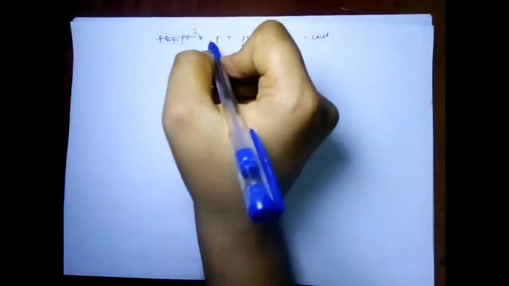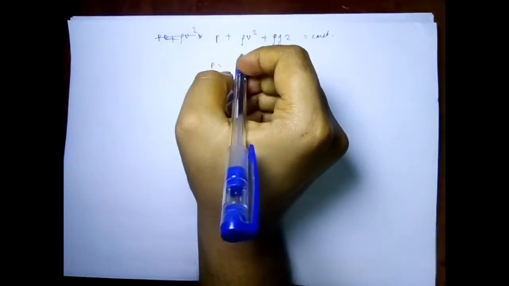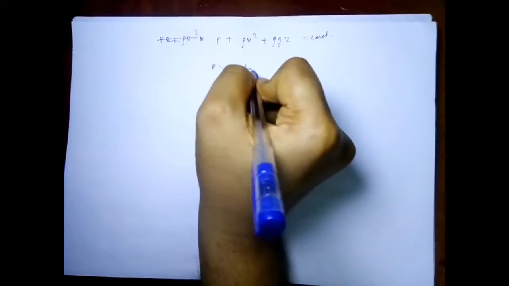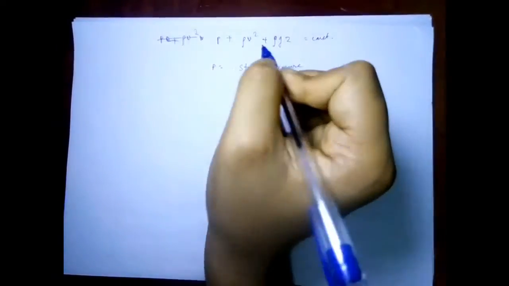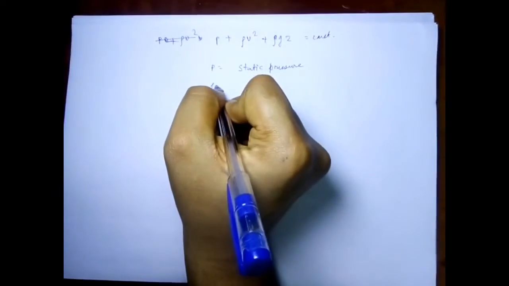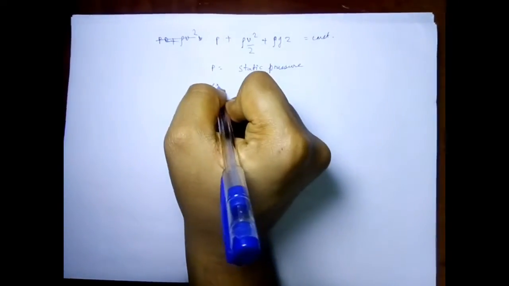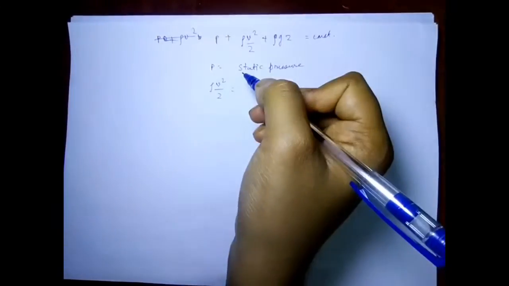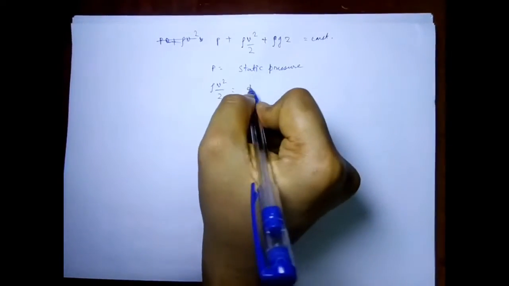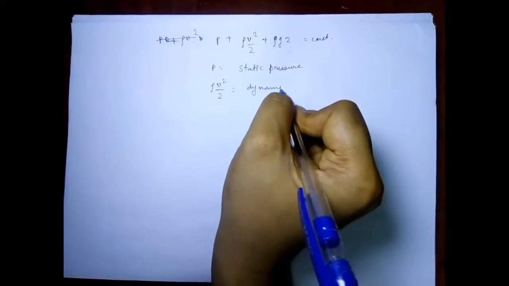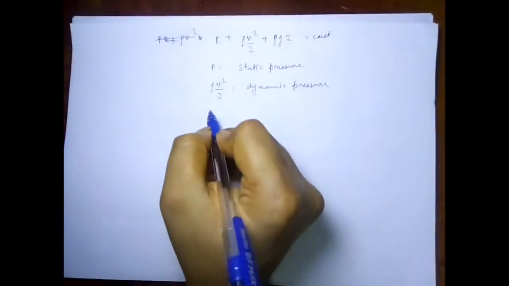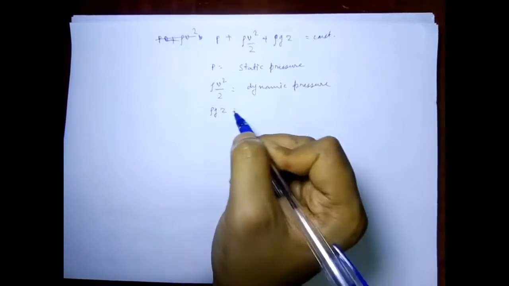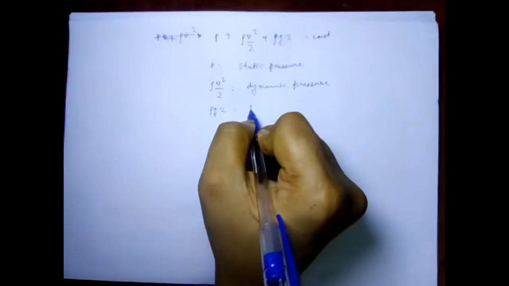where P is the static pressure, rho V square by 2 is the dynamic pressure, and rho g z is the hydrostatic pressure.